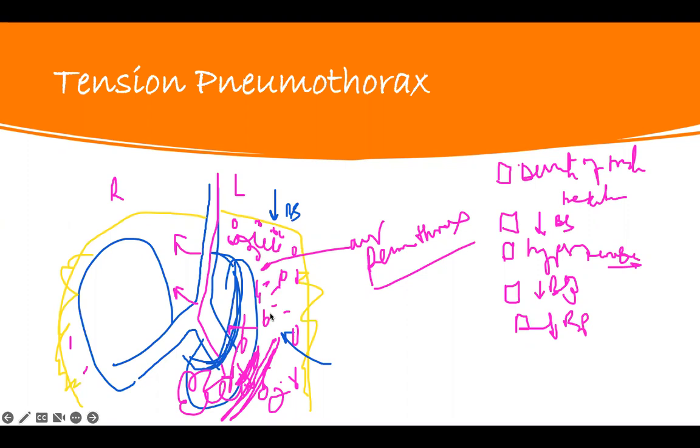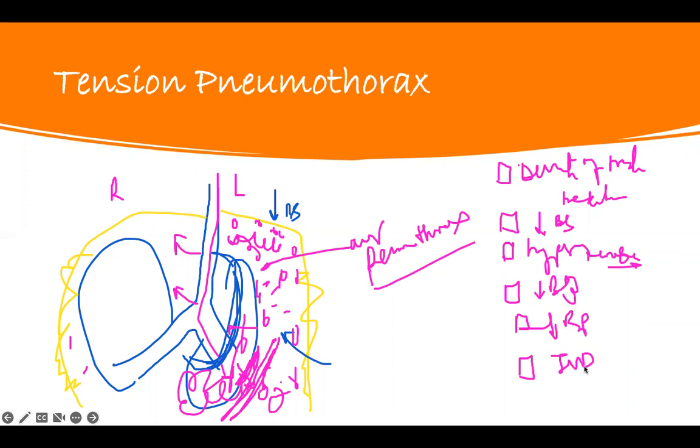And all the blood, because the heart is being squeezed, it can't push the blood out. So blood will start to stay in the venous system. And that is the problem. This is why it is a little bit confusing. They will have JVD because the heart is being squeezed by the lung now.